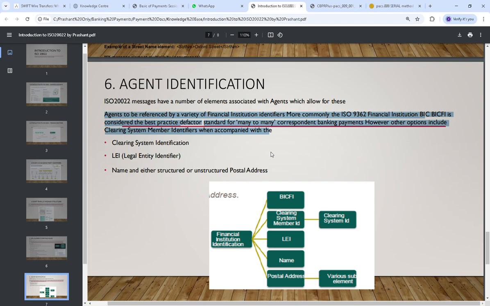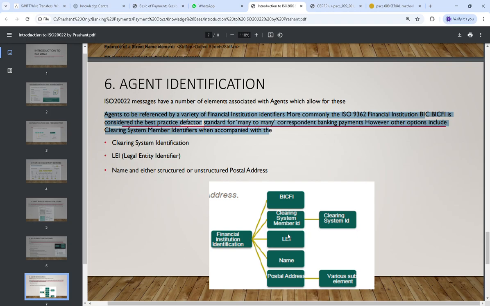So here also, a financial institution, meaning your bank, can be identified by BIC, or by clearing system member ID.